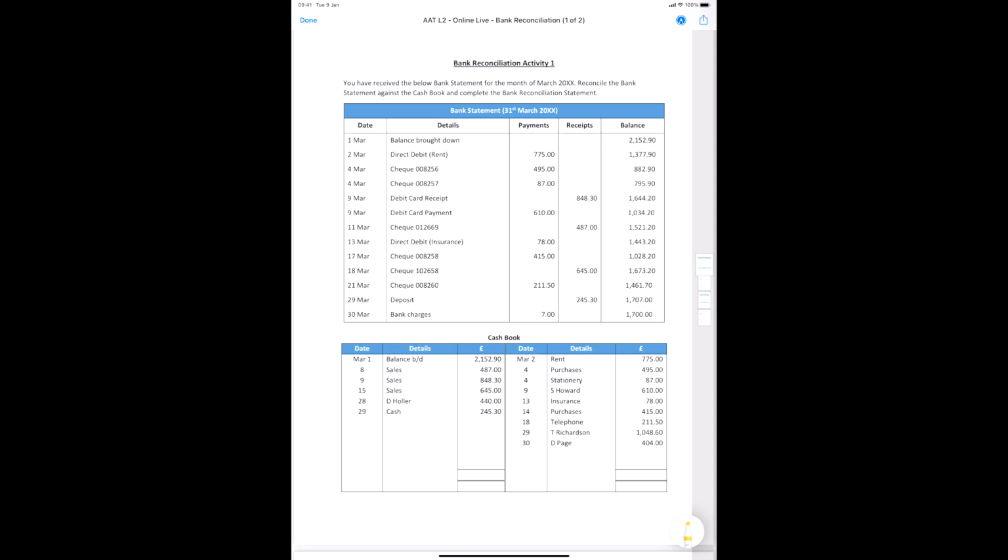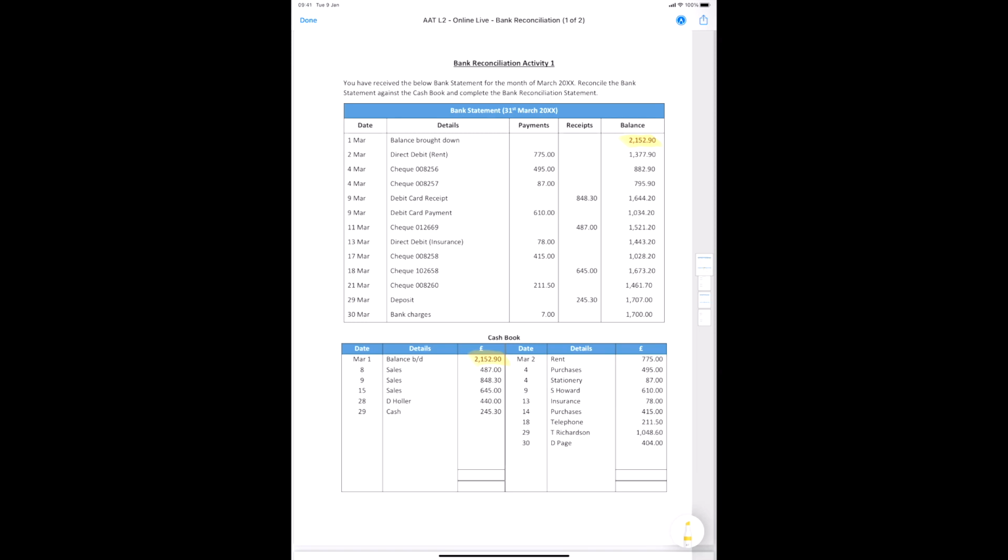Sometimes the balance will match, sometimes it won't. In this case, our balances match, so we can reconcile those together. We can highlight those because our opening balance in our bank statement matches our opening balance within our cash book. Our second activity will look at the difference in that scenario, so we will look at that next.